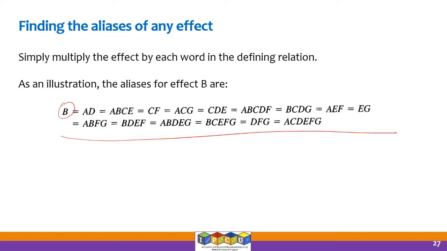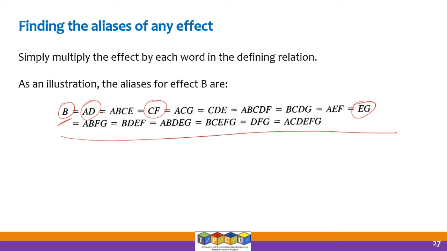And this one is particularly dangerous somewhat, right? This particular design generator is dangerous. We have to see whether we can get a better one. But this one is dangerous because a direct effect is aliased with other second order interaction effects, and second order interaction effects could be important in systems.